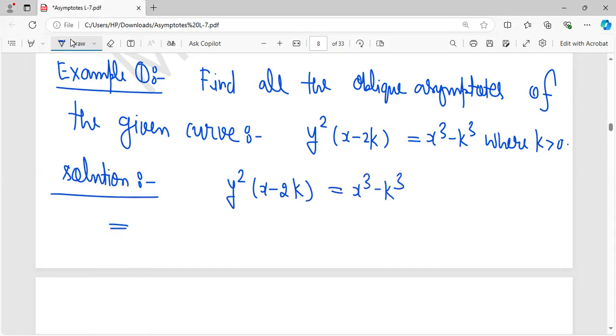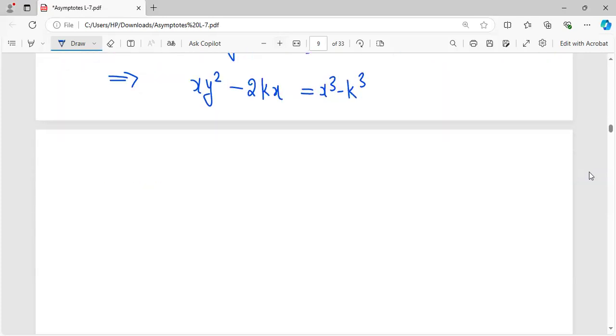So solve this equation. So we have xy square minus 2kx equals x cube minus k cube. So this is xy square. So x cube minus xy square plus 2kx minus k cube is equal to 0.